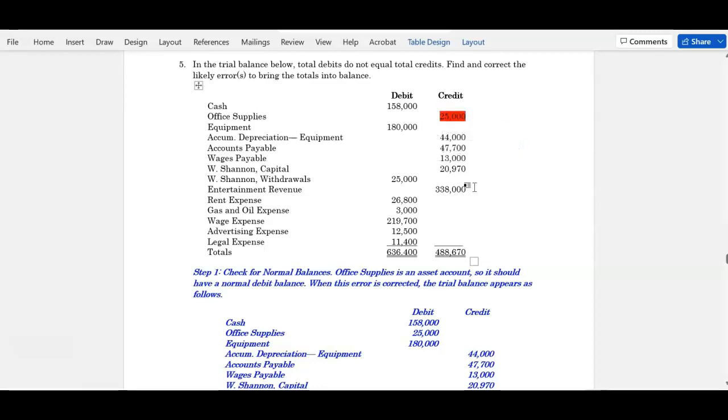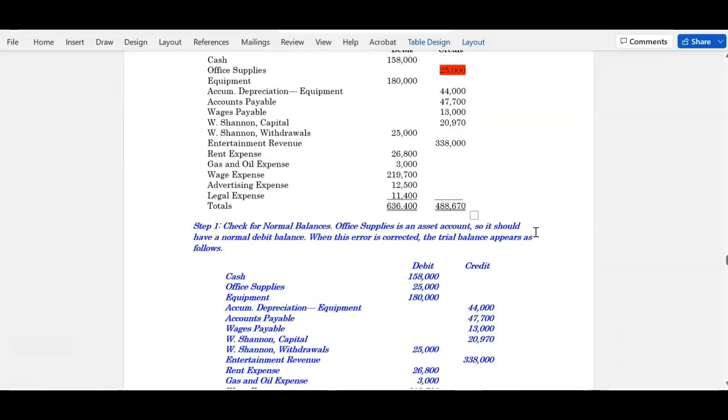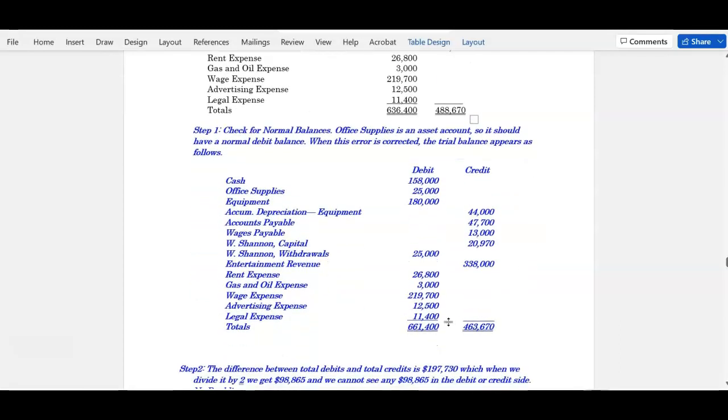Equipment is good, debit. Accumulated depreciation is credit. Liability credit, capital credit, withdraw is debit, revenue is credit, expenses are all debits. Perfect. So fix that, step 1.